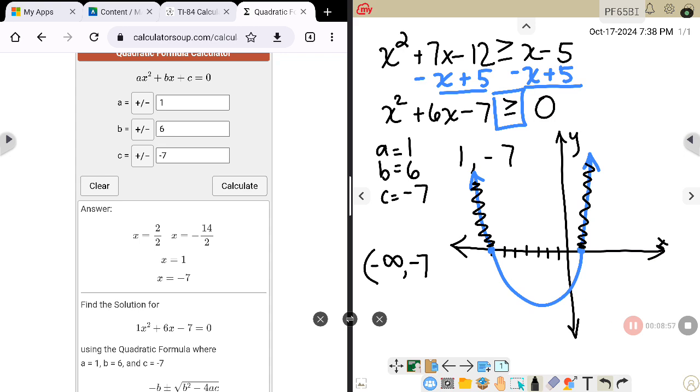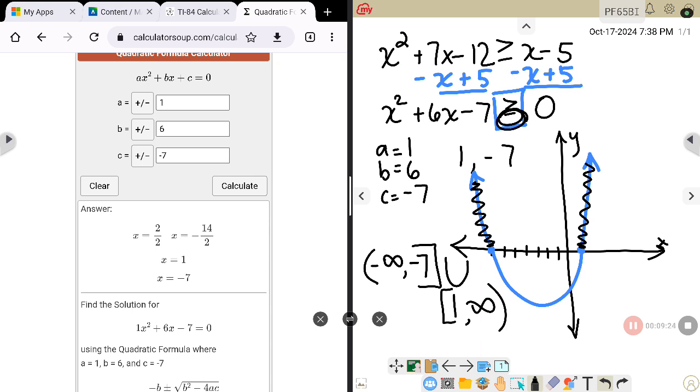But this negative 7 has a bracket around it because the equal to means you want to include that negative 7 in your interval. Then it drops below the x-axis until it gets to positive 1. So we're going to have in union with positive 1, again with the bracket, to infinity.